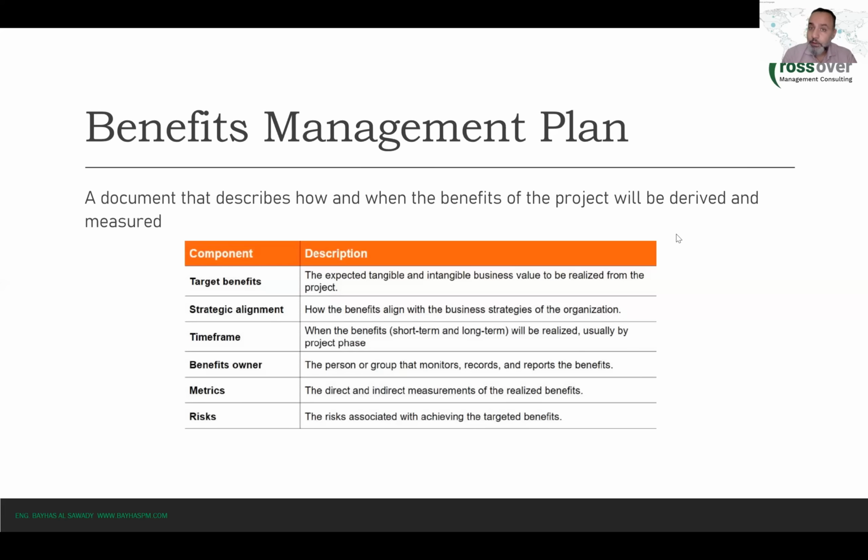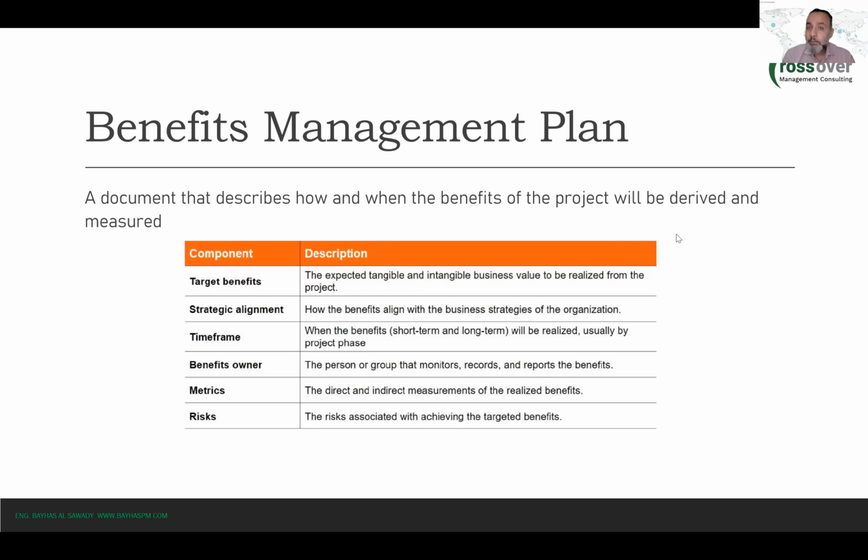And this is a very important thing, because again, we want to make sure that every project that we are launching has benefits, and those benefits will be realized. Okay. Metrics, how do you want to measure those benefits? Again, you might have some intangible benefits, but you need to find a way to measure them. So you need to identify some metrics, whether it's, for instance, the customer satisfaction index, or the percent of people that heard about your brand or have a certain perception about your brand.